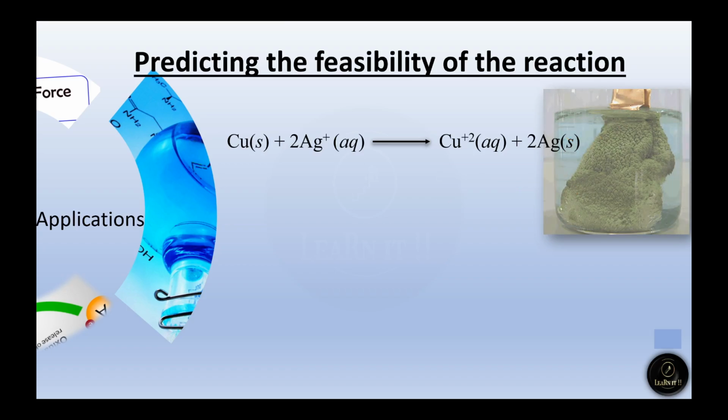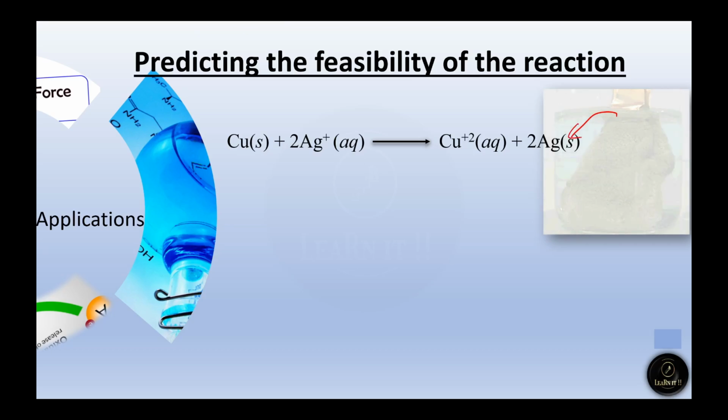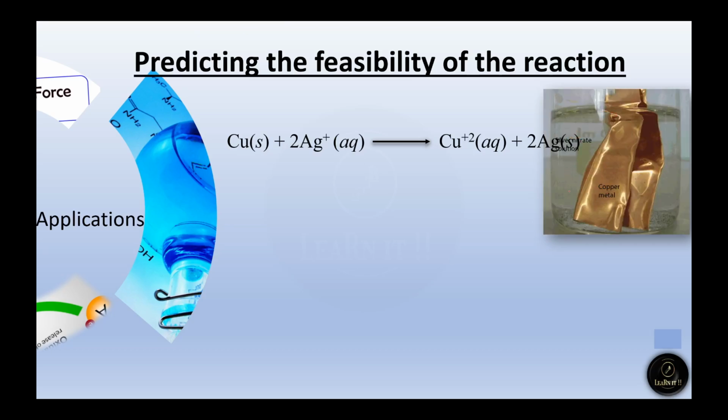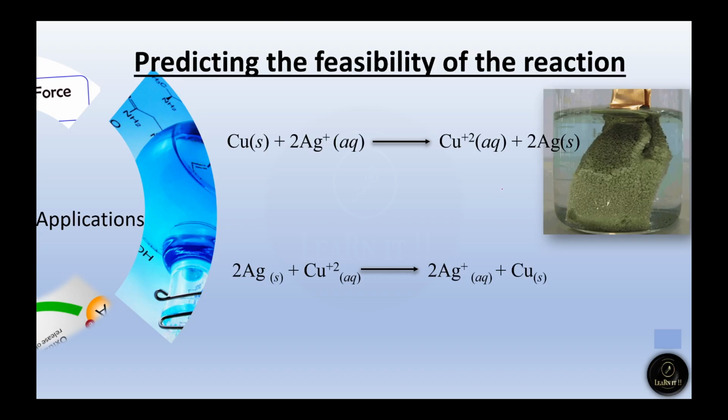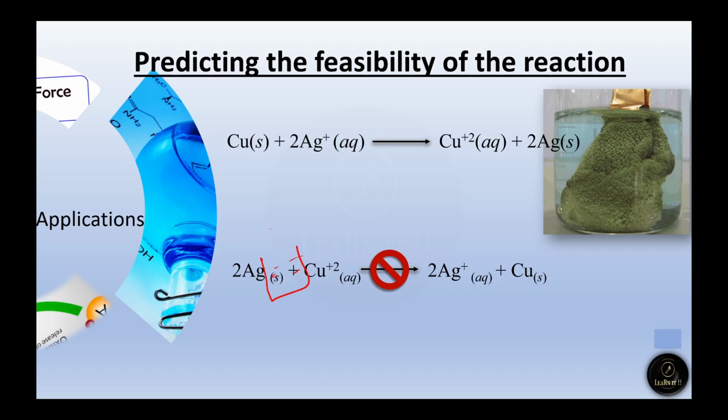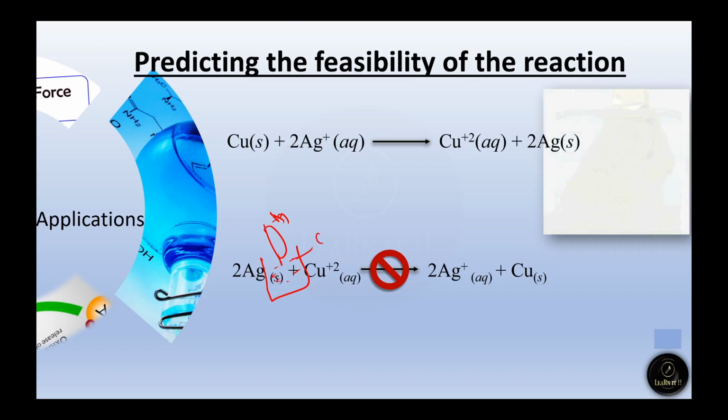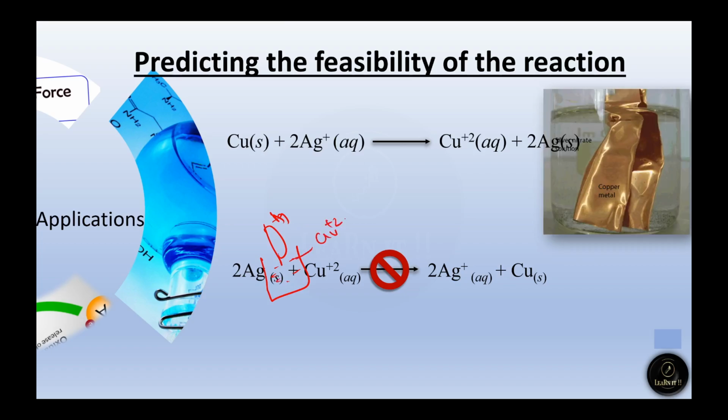So there is an oxidation of copper into Cu2+ and reduction of Ag+ ion into Ag simultaneously. But when we put a silver rod into Cu2+ solution, this reaction doesn't happen.